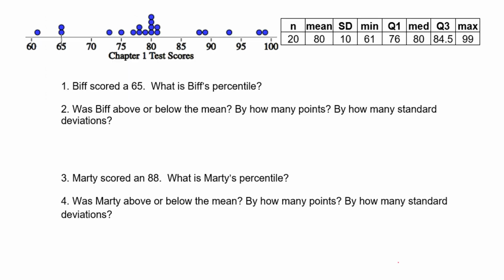What I would like you to do is pause this video and work on 1, 2, 3, and 4 with the people at your table. Try and figure out, especially 1 and 3, you should be able to determine their percentiles. And then 2 and 4 is where we're going to start today.